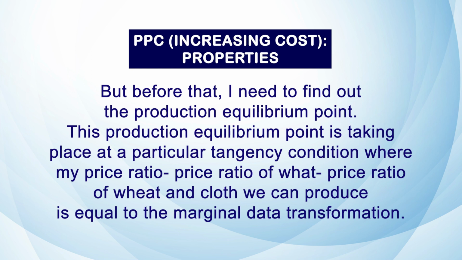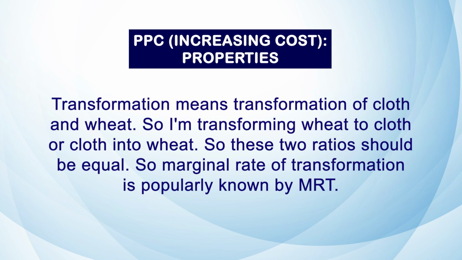This production equilibrium point takes place at a particular tangency condition where the price ratio of wheat and cloth is equal to the marginal rate of transformation. Transformation means transformation of cloth and wheat.